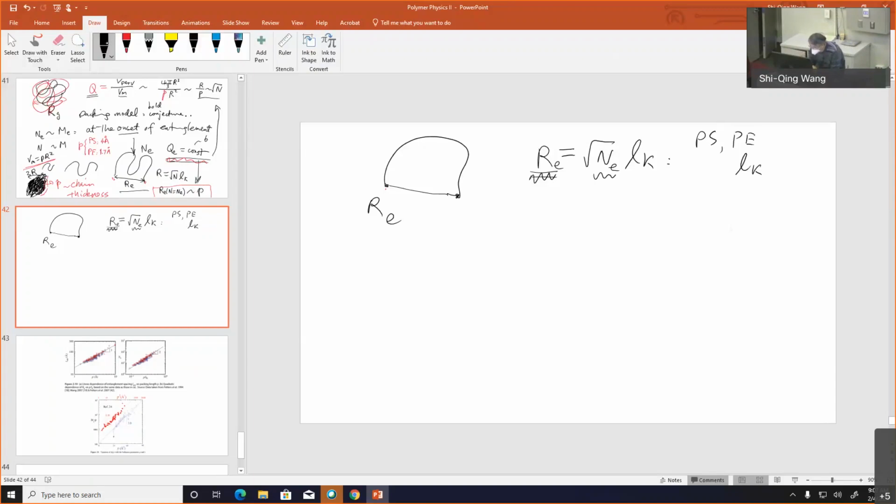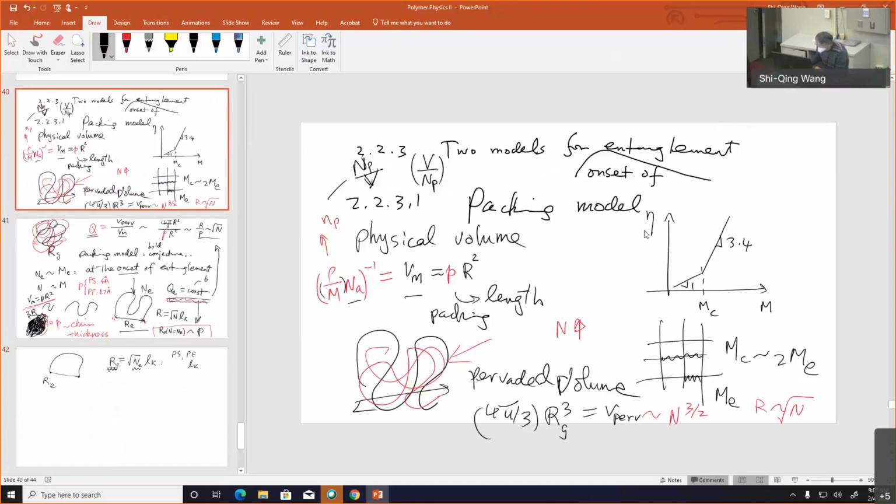In fact, let me rephrase the expression we already had, which is this very crucial one. Let me see if I have all the steps for you. In the packing model, the first concept is to introduce packing length.